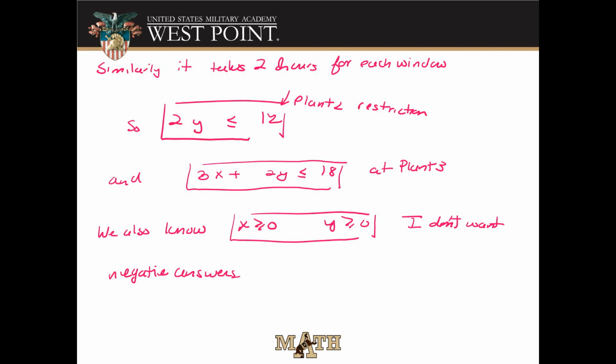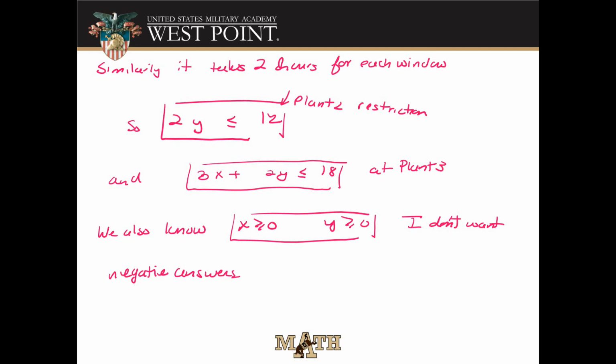Plant 3 can make doors and windows. This is how many doors can be made per hour at plant 3, and this is how many windows can be made per hour at plant 3, and then sum those up. And that has to be smaller than or equal to 18 because they only have 18 hours of labor possible.